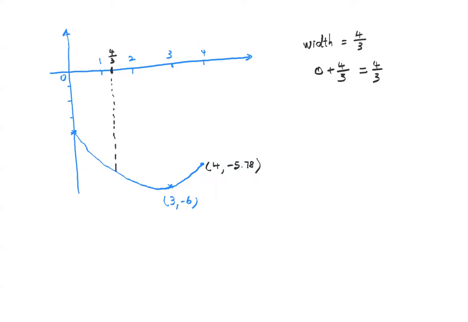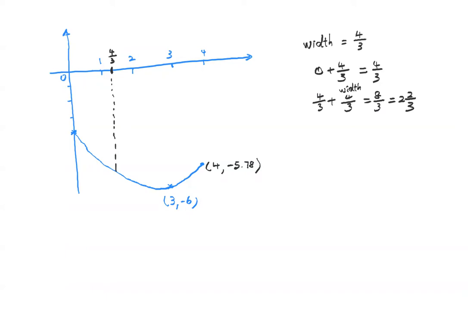Correct? So the next one will start from this point, 4/3. I must plus the width again, am I right? So it will be 4/3 plus 4/3, that is 8/3. 8/3 will be 2 and 2/3. Am I right?